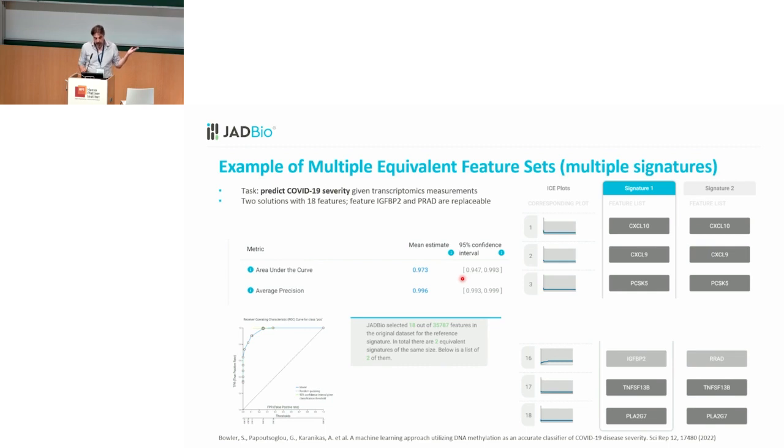As you can see, this is an example from trying to predict COVID-19 severity with about 35,000 transcriptomics measurements. The AUC is pretty good. Also, the AUC on the external test set is pretty good.